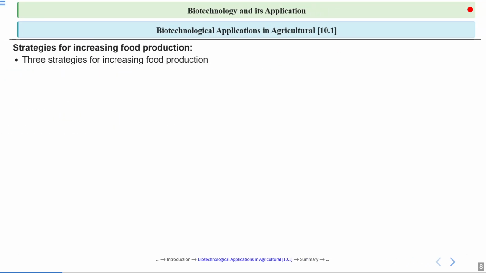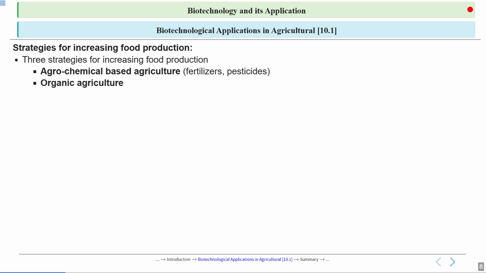So, what are the strategies for increasing food production? There are three strategies which we can use to increase our food production. Let's see what those strategies are. First is agrochemical based agriculture, which is conventional agriculture, in which we use chemically synthesized fertilizers or pesticides to improve the yield of our food. This is the first method.